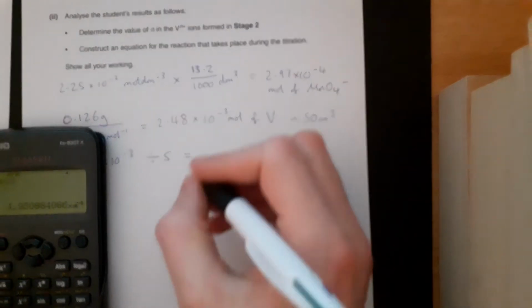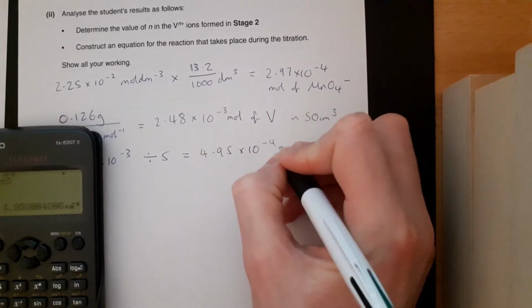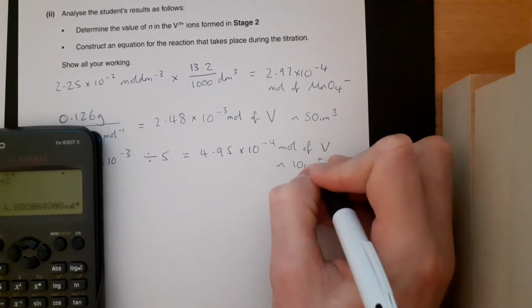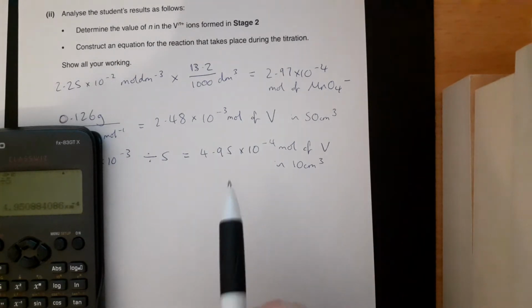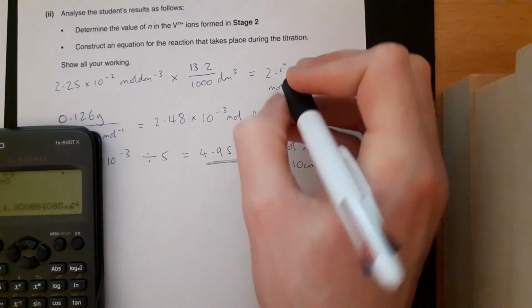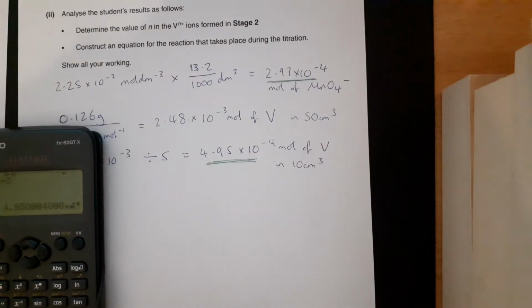It's 4.95 times 10 to the minus 4 moles of vanadium in the 10 centimeters cubed that actually reacted. So now we want to look at the ratio between this one and this one, and to do that we're just going to do one divided by the other.